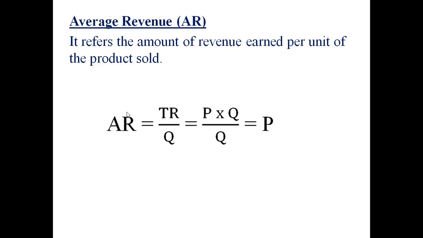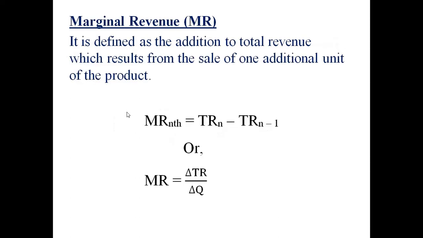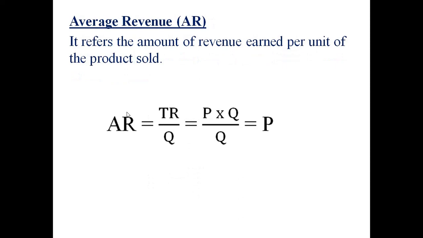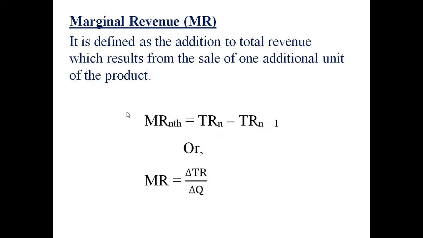Don't get confused. Now what is marginal revenue? Marginal revenue is the addition to the total revenue resulting from the sale of one additional unit of the product. Let us go back to the same example. The total number of goods sold was 600 units, and the price per unit was 10.